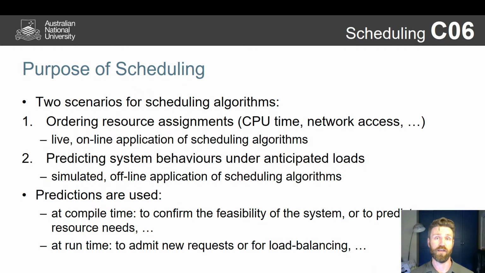Knowing whether you can schedule additional virtual machines onto a particular piece of hardware and still satisfy the availability and the performance promises that you've made to your customers, or whether you're going to need to provide additional hardware to meet your service level agreement. That kind of use of prediction is quite important to those kinds of operators. Okay, so we're either simply just allocating resources as we get requests, or we might be predicting.